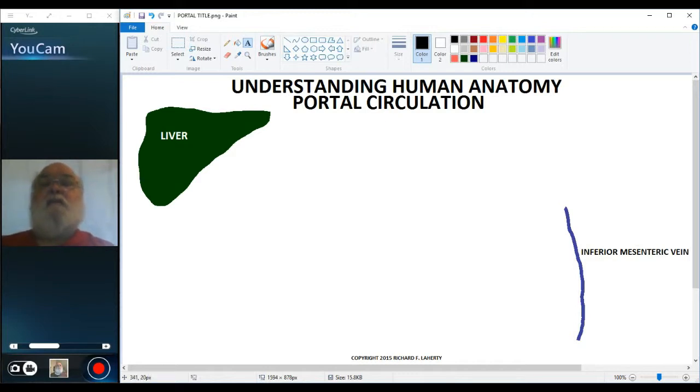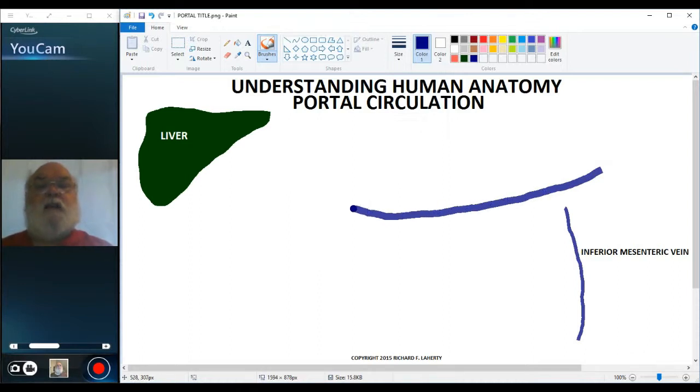And the inferior mesenteric vein will be draining into the splenic vein. And let me sketch the splenic vein coming in from the spleen and running across the body.